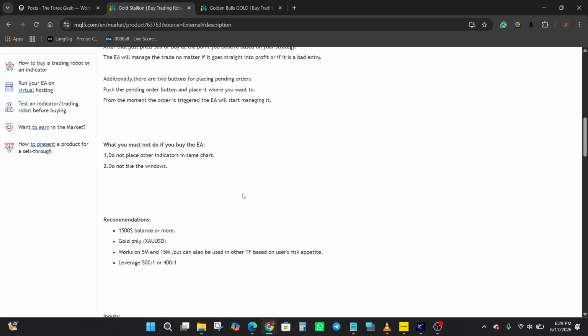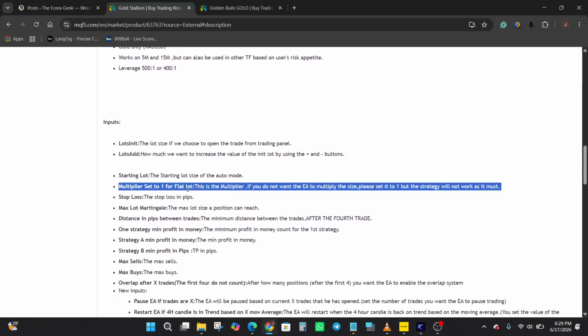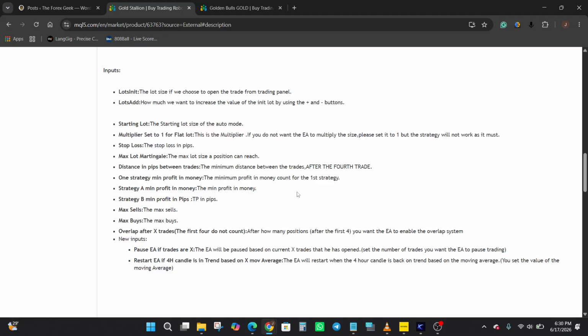The EA also includes a multiplier setting, and the developer specifically notes that setting the multiplier to 1 creates flat lot sizing. Although the stated strategy is designed to operate with the multiplier functionality enabled, there is also a max lot martingale setting available, which allows users to define the maximum lot size a position can reach.